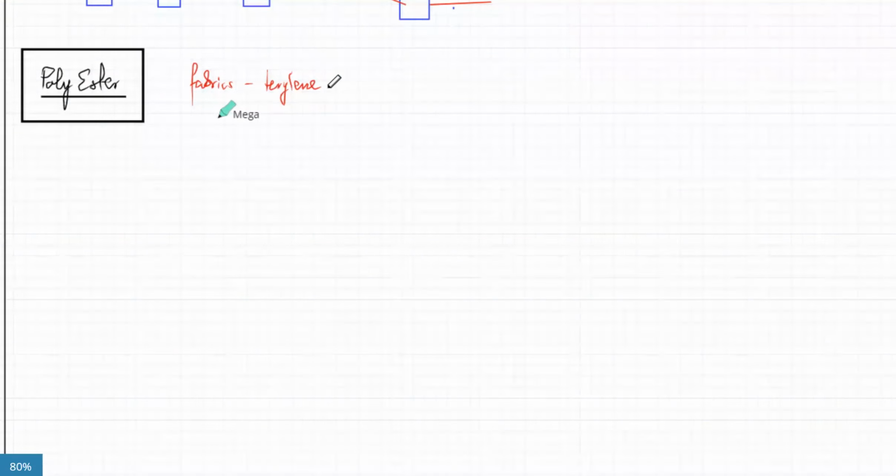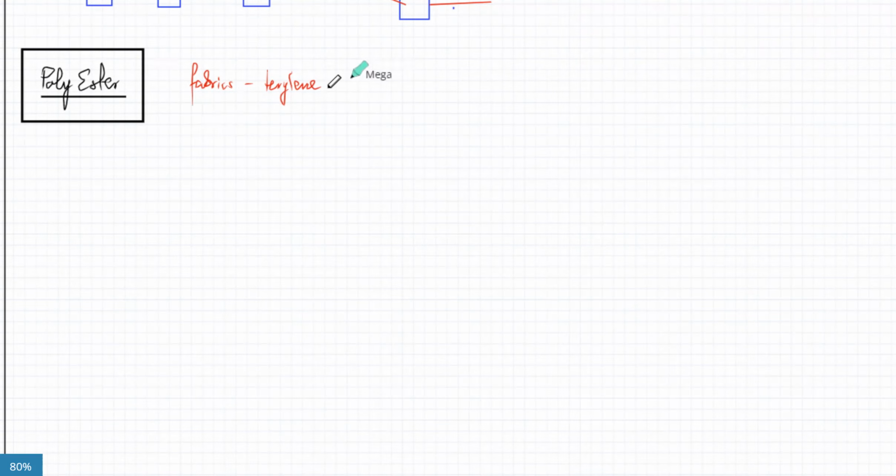Now, polyesters can be man-made synthetic, which is the first one, and they also exist naturally. These natural polyesters are basically fats.